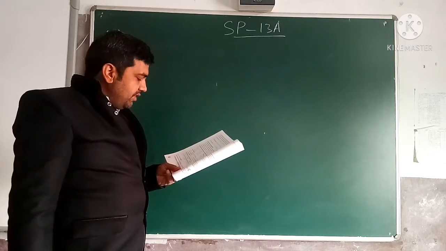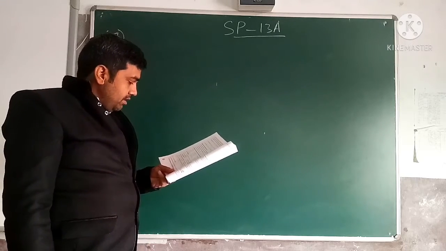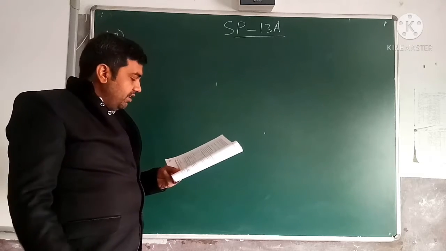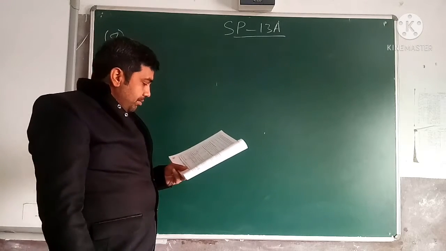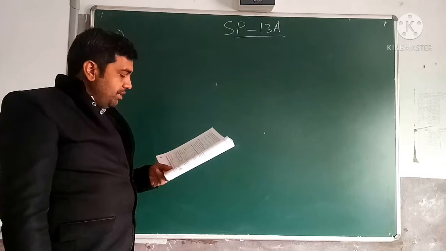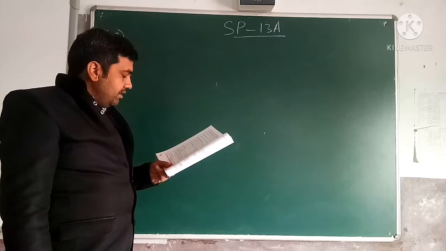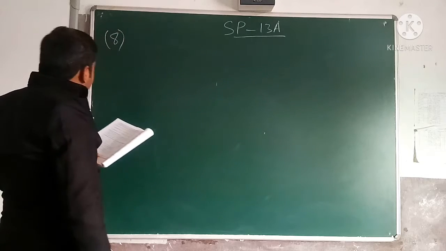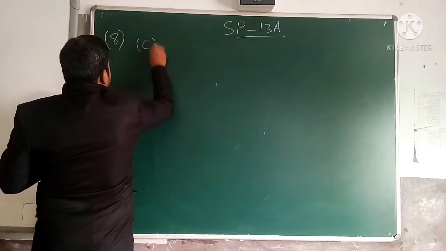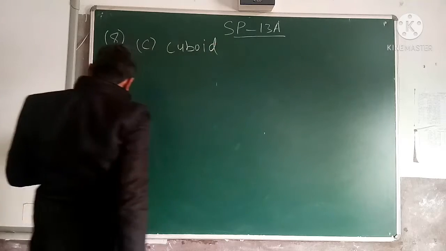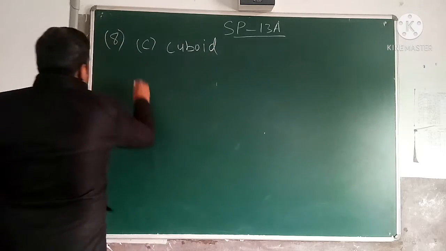The cuboid has 6 vertices, the cone has 1 vertex, the cylinder has no vertex, and in the pyramid you find 4 vertices. So the cuboid has the maximum number of vertices. Option C is the cuboid. Now question number 9.